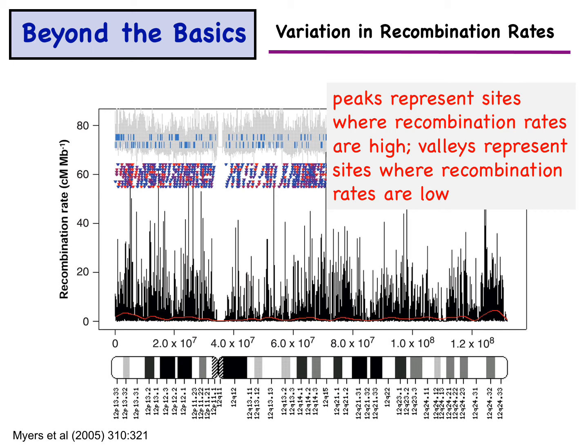The peaks represent sites where recombination rates are extremely high, and the valleys represent sites where recombination rates are very low. If you average recombination over larger chunks of the chromosome, it's pretty uniform. But there are these hot spots of recombination and these places where recombination doesn't happen very often. The reason I mention this now is because I'll come back to this in a subsequent lecture to talk about it in a little more detail.